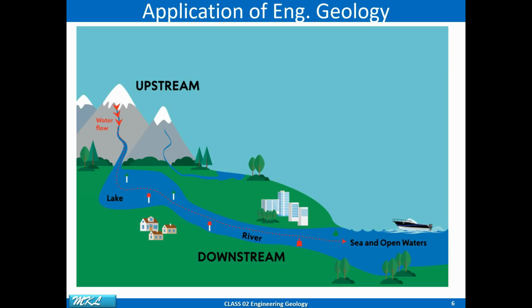Before starting that, let me tell you one thing. What do you mean by upstream of a river, and what do you mean by the downstream side of a river? Suppose you are standing here. From your position, the river is coming down from the hilly area and basically going to the sea.